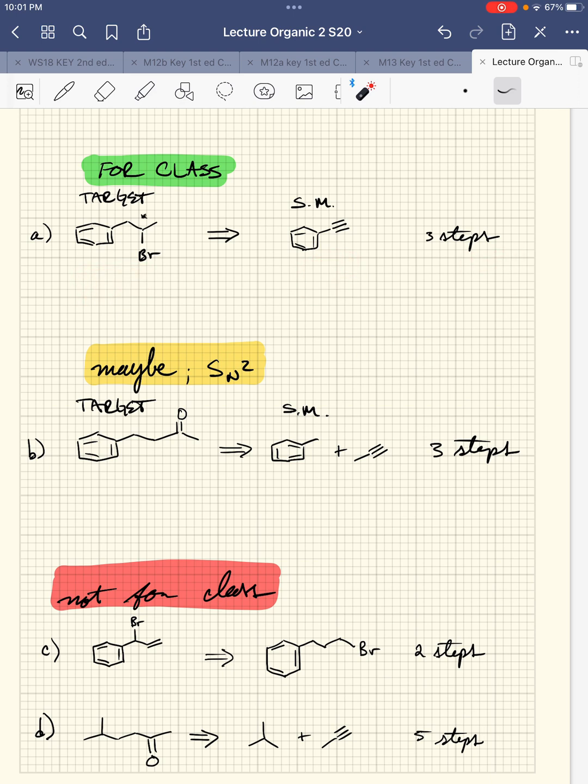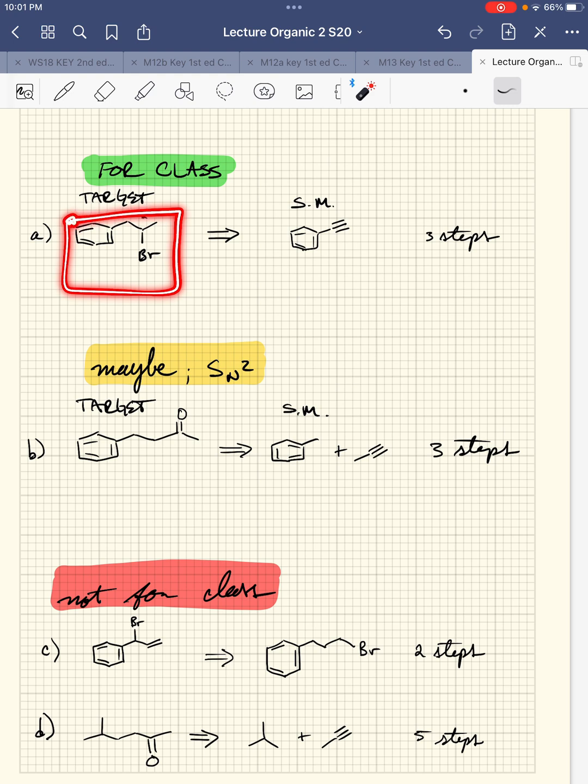Rather than explain it here in the video, we'll do it in class, where we'll sit down and think logically about how one can convert this species into this molecule right here.